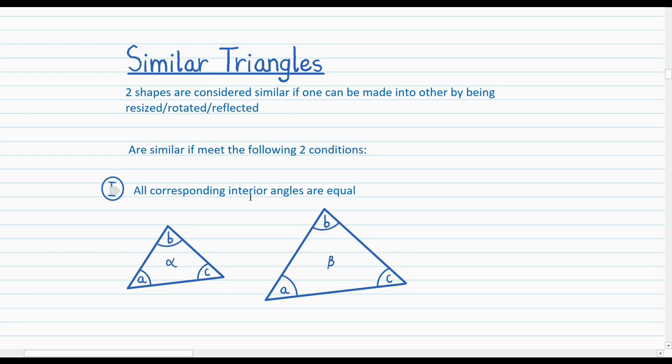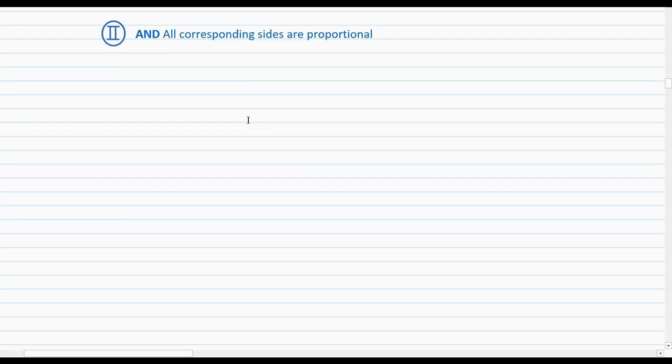In line with the first rule, all corresponding interior angles are equal, where in the bottom left corner you have an angle of A for both triangles, in the top corner you have an angle of B, and in the bottom right corner you have an angle of C. And the second condition is all corresponding sides are proportional, meaning they're in the same proportion, such as the following two triangles.